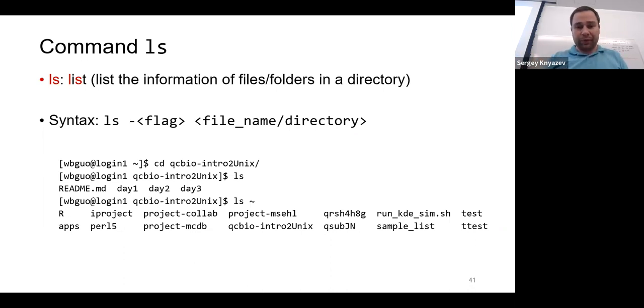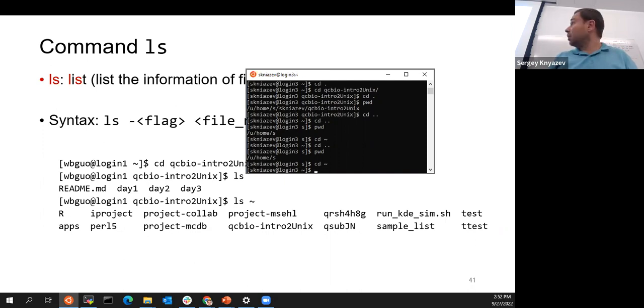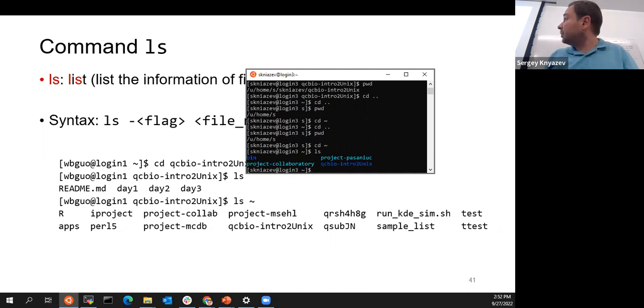So let's try it. Then we will discuss the second argument, okay? Let me go back to my home directory, and when I print ls, it shows me all the folders and files that are inside my home directory.